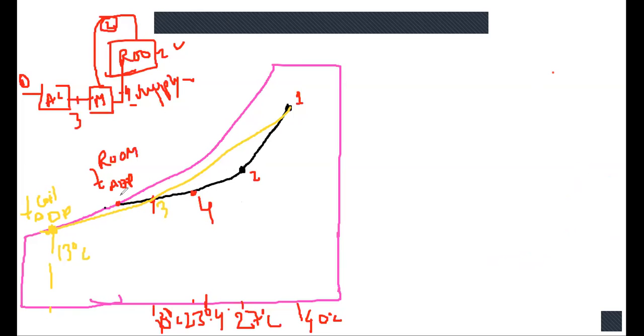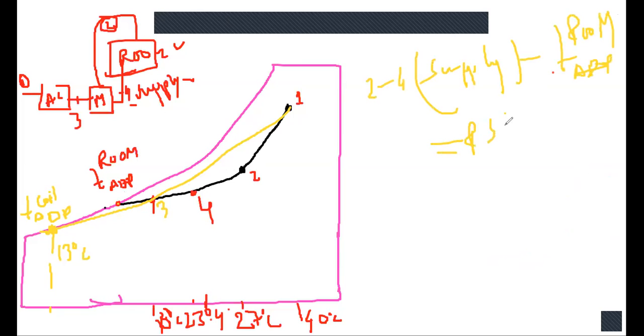Now this is the room sensible heat point. Okay. The line between 2 and 4, where 4 means the supply point, and TADP of room, is called the room sensible heat factor line.